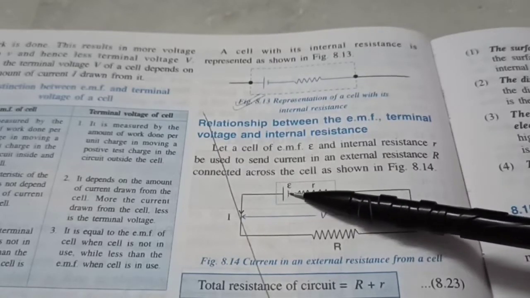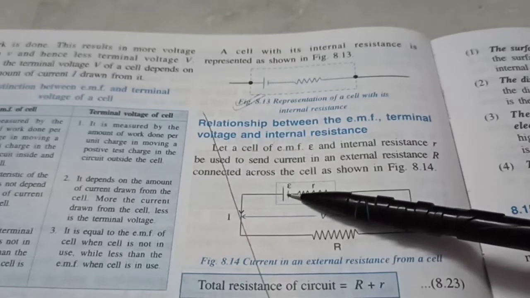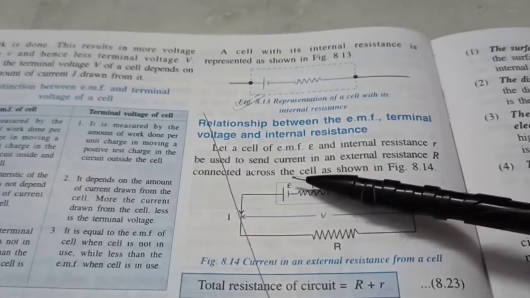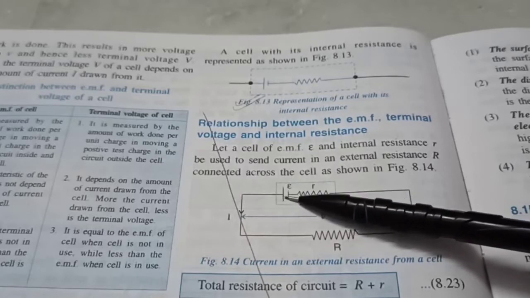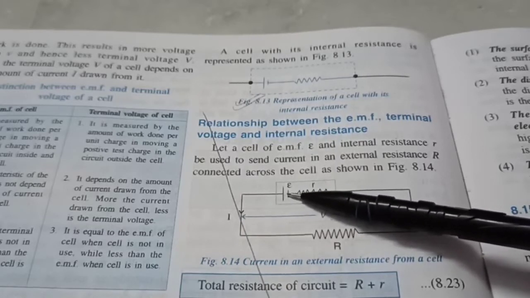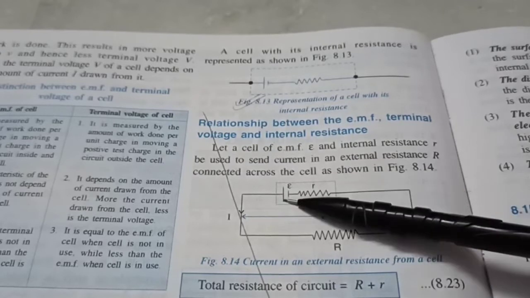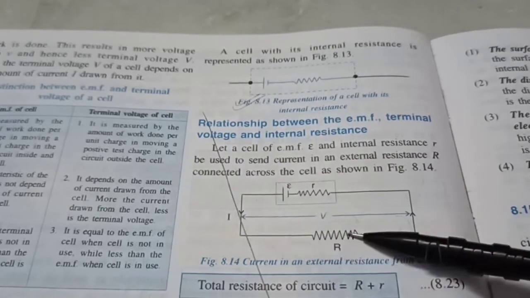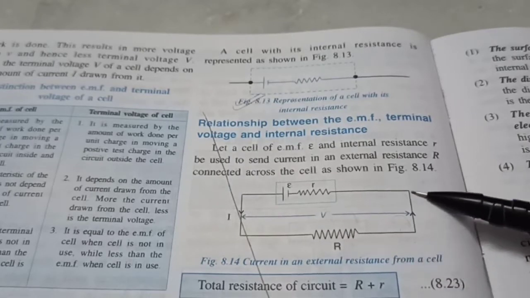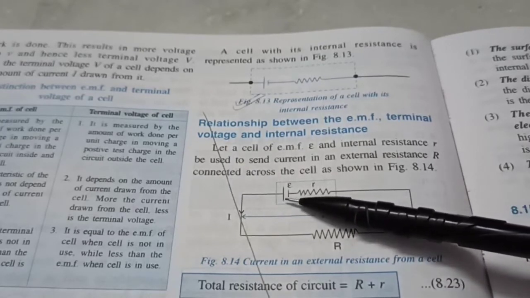That means there is movement of charges inside the cell as well, which makes sense because we know that it is the chemical reactions inside the cell in the electrolyte which produce this electrical energy. So the charge has to overcome the external resistance, of course, but it also has to overcome the internal resistance.